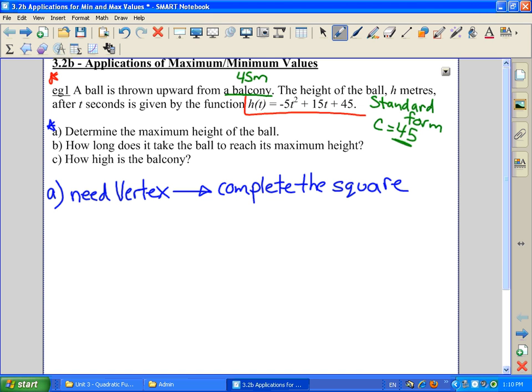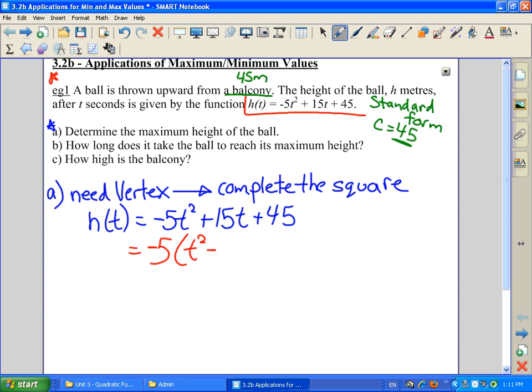We rewrite our function h of t equals negative 5t squared plus 15t plus 45. Taking a look, we're going to factor the a out of the first two terms. So that's going to equal negative 5 bracket t squared, watch your sign here, minus 3t plus 45.